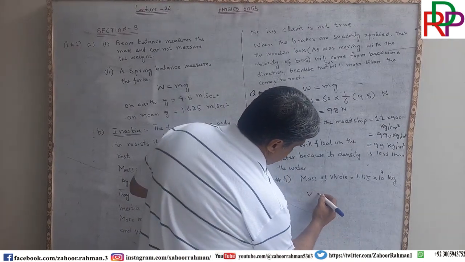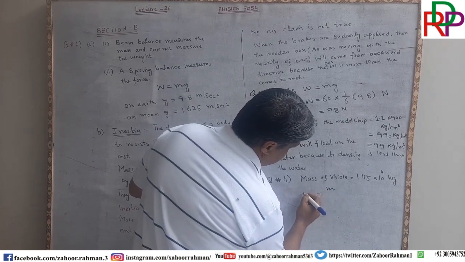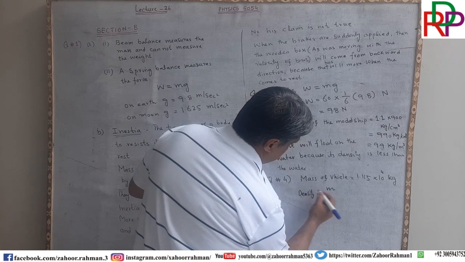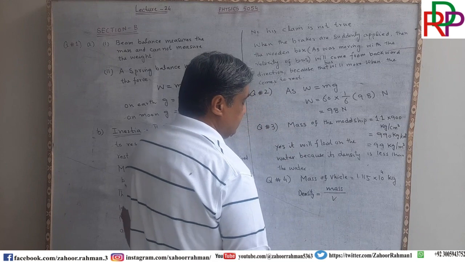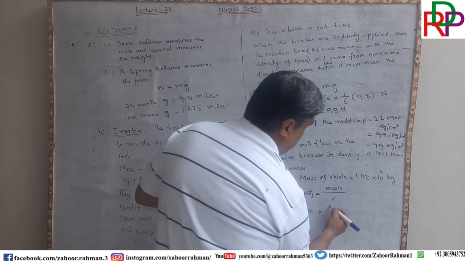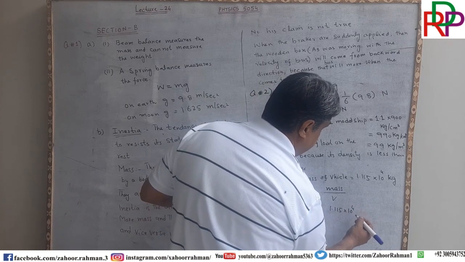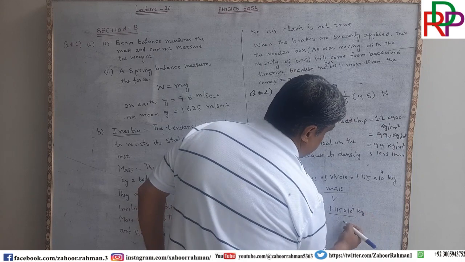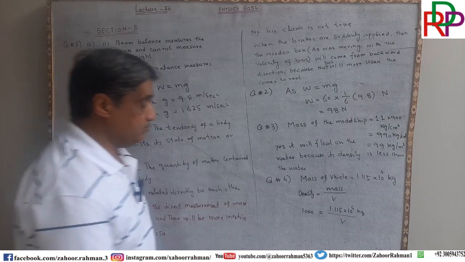As density is equal to mass per unit volume, density of water is given as 1000, and this is 1.15 into 10 raised to the power 4 kilogram, and we have to find the volume.